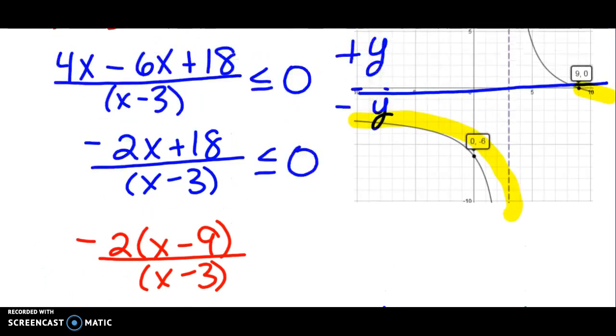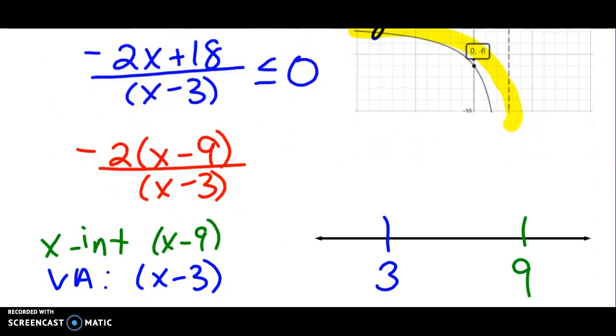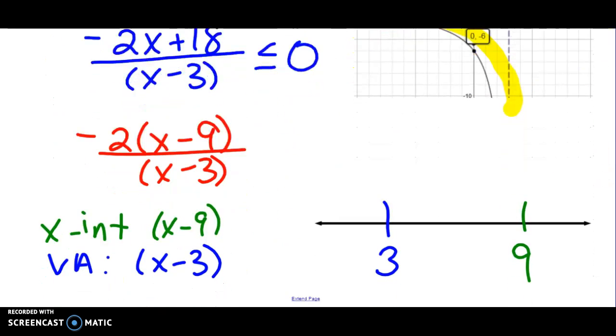If we go back to the graph, we see that at 3, we have a vertical asymptote, so we actually pick up our pencil and draw the graph up here. And then at 9, we cross over the x-axis, and it can go from positive to negative. So if we look at the sign patterns of this, we're looking at the signs when we plug in a number to this expression right here, which I should have written is less than or equal to 0.